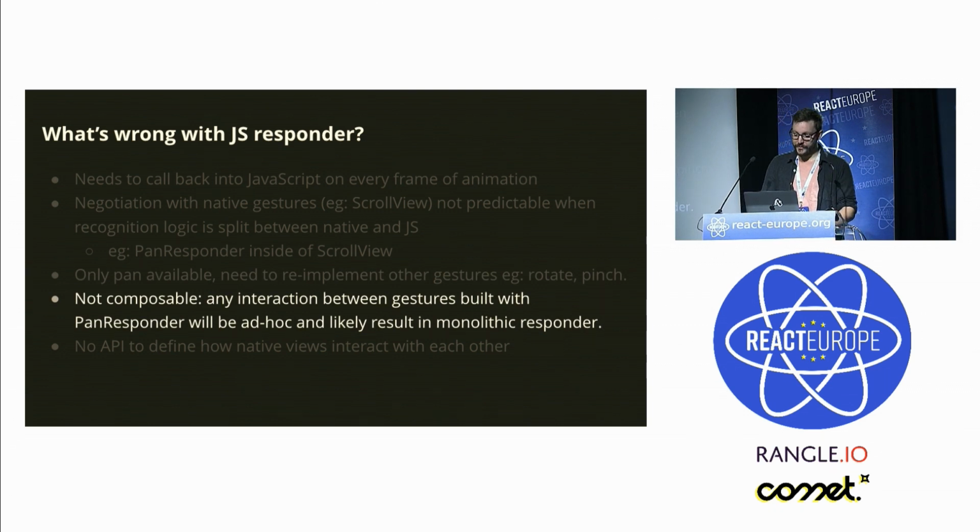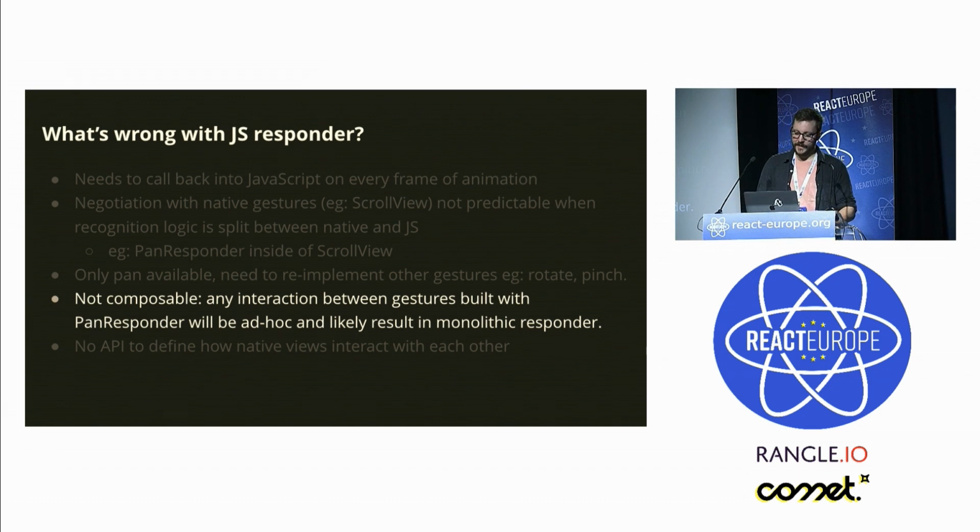It's also not composable. You have these responders that are also black boxes. You can't just make a component that says, okay, I'm going to wait until this other gesture recognizes, or I'm going to wait until this other gesture fails by not moving this much in this direction, or whatever. Various interactions between gestures.